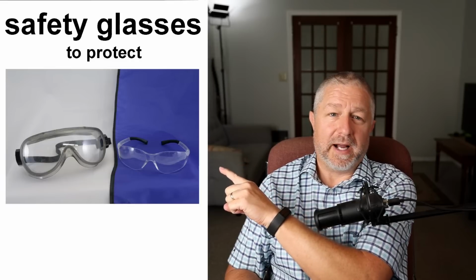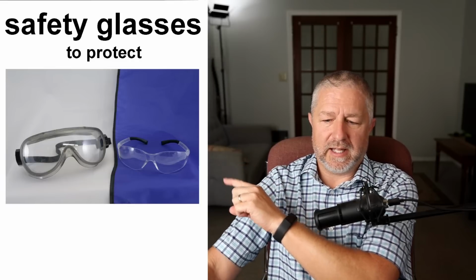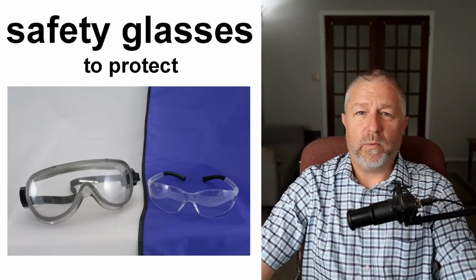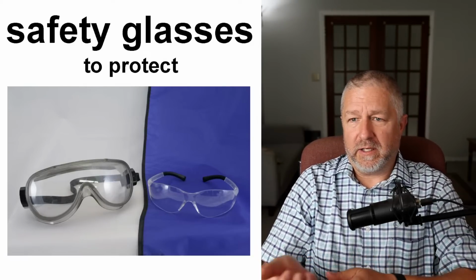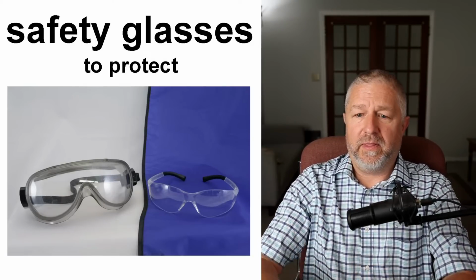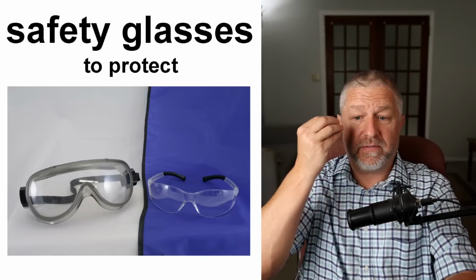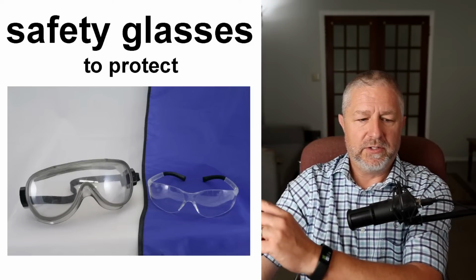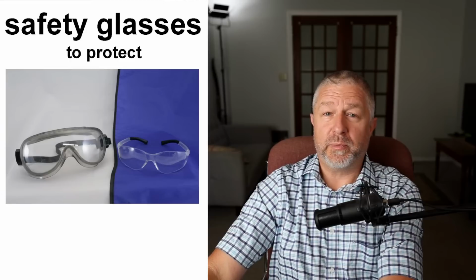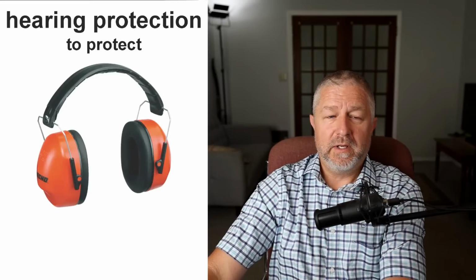And on the blue background, I would call these safety glasses. These are things we wear to protect our eyes. When you're cutting or grinding or snipping, things can fly at your face, and you don't want something to go in your eye. So you wear safety glasses to protect your eyes.